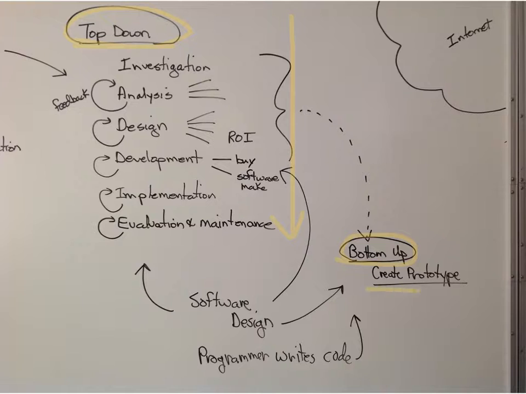Bottom-up we create a prototype, we kind of grab this information, create a prototype, and then build from there and build the system up. Some things lend themselves to top-down design, some because of the speed and how fast you can develop a product or whatever you're developing, an information system. Prototyping is a better way to do it.